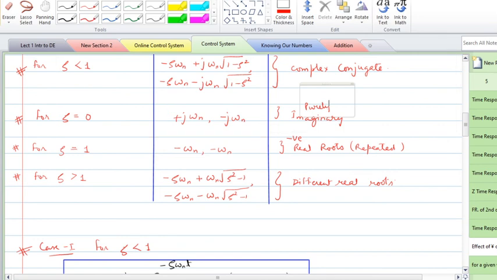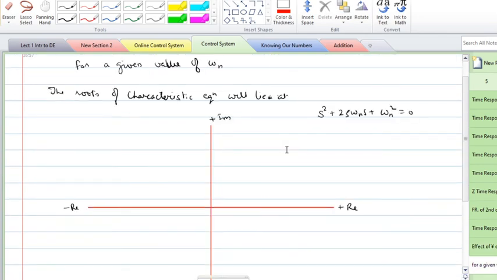Suppose that for a given value of omega n we want to draw the roots, let us suppose they lie at this position and this position.